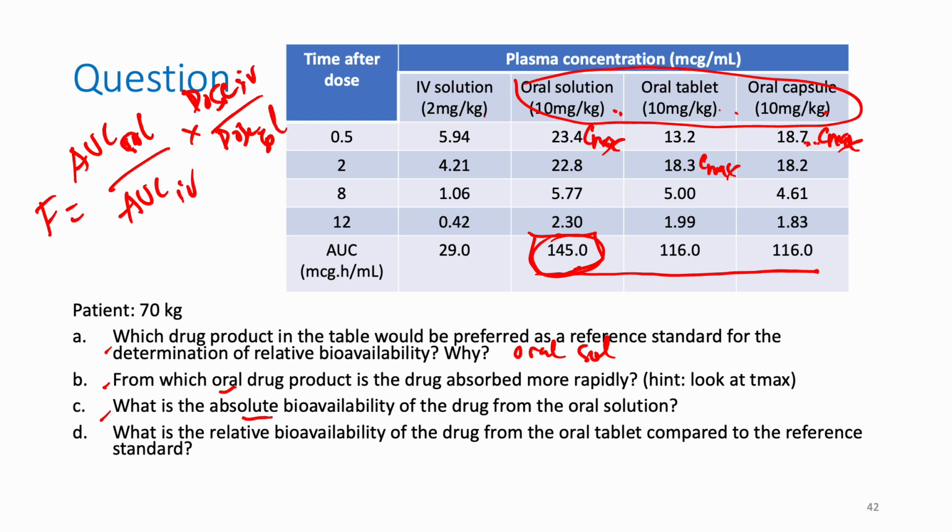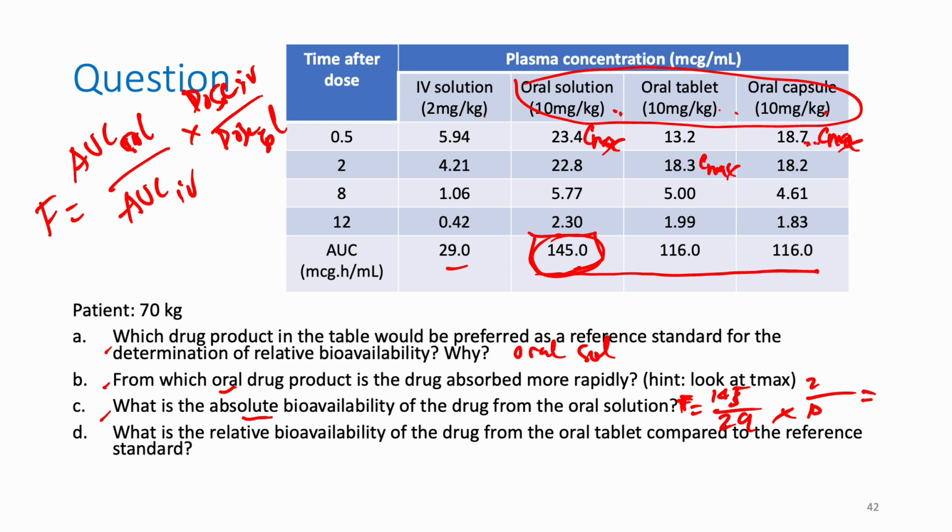From that equation, F will be equal to the AUC of the oral solution, 145, divided by the AUC of the IV, 29. Then you need to standardize with the dose. The dose of IV is 2 milligram per kilogram, and the dose of the solution is 10 milligram per kilogram.